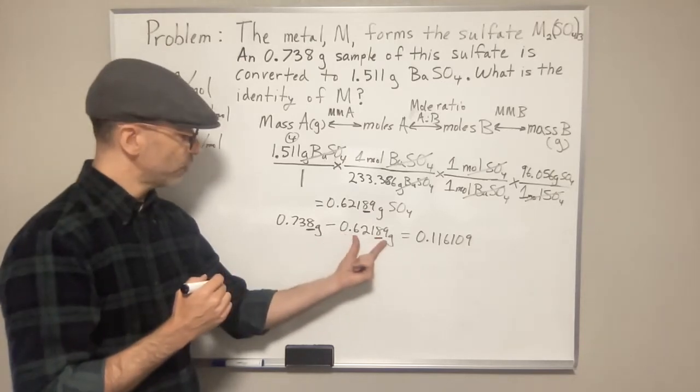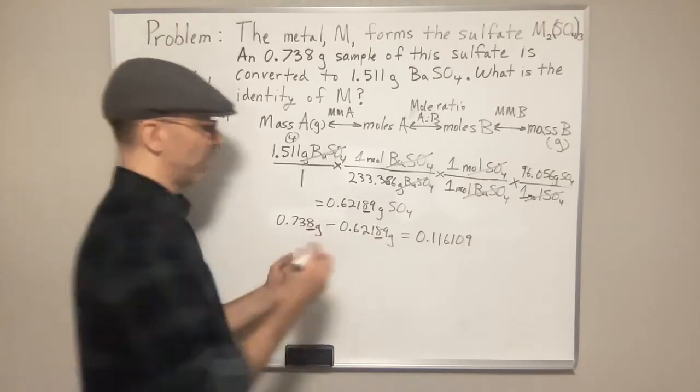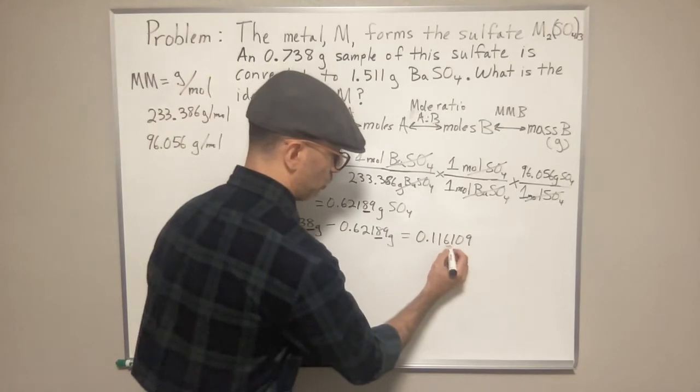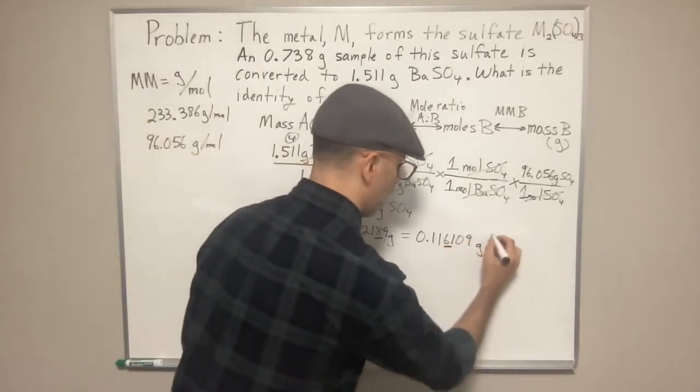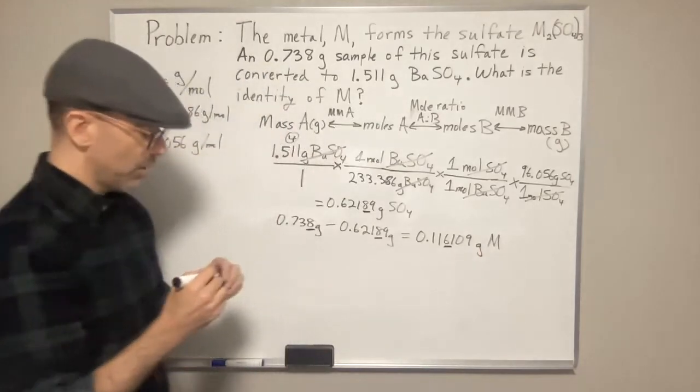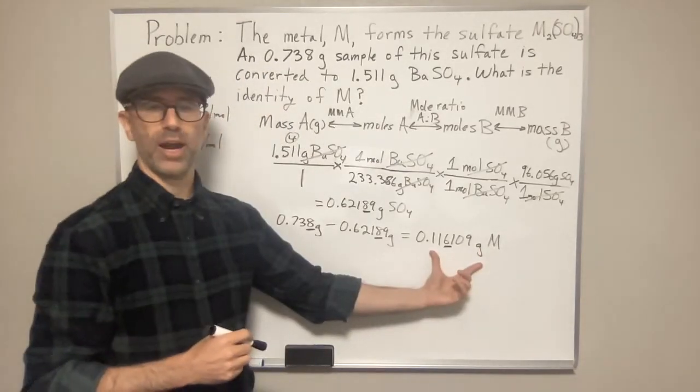So this has 4, this has 3, so I'm only allowed 3 decimal places, so I put a line there. So this is grams of our metal.